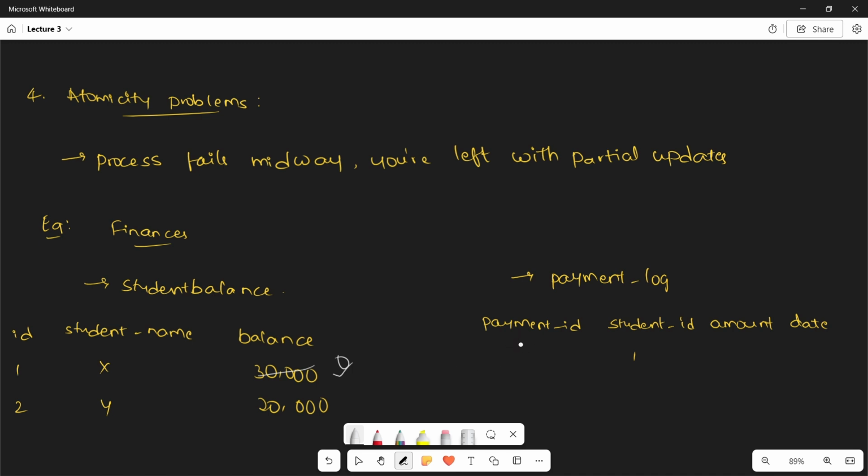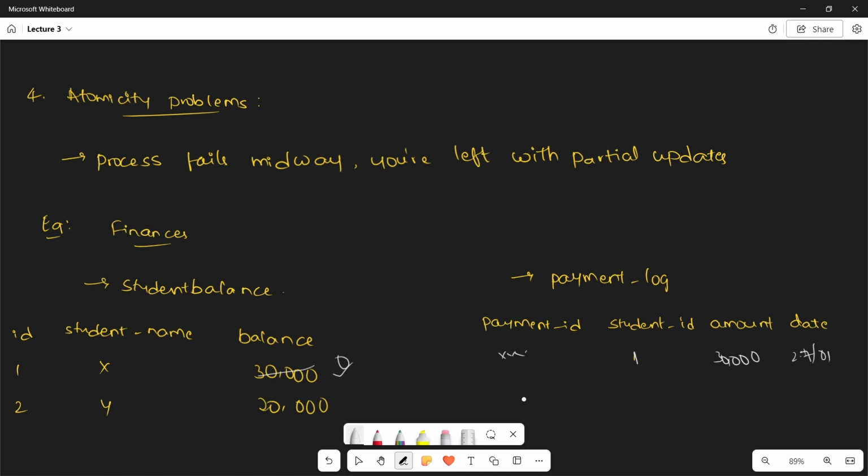That means usually what happens is, with some payment ID, let's say XXX, with student ID 1 and the amount he has paid, 30,000, and he has paid, let's say, on 27th of this month. So I have to update the payment log. But because of a failure, because of a system crash, I couldn't update the payment log, right? So this leads to the atomicity problems.